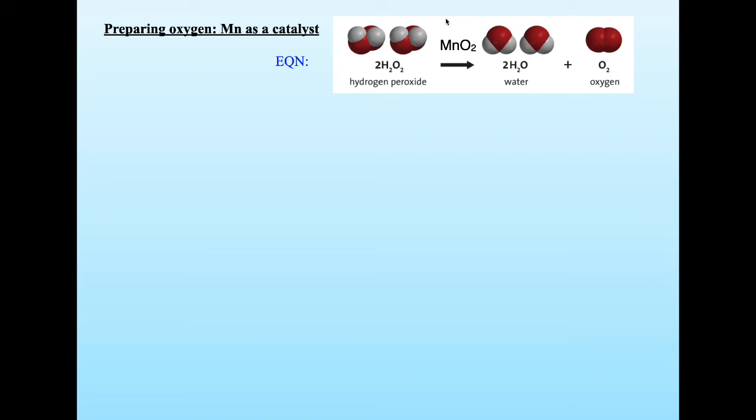One of the things that can come up sometimes at IGCSE is they get you to explain how you could know this was a catalyst. And what you do is you measure a specific amount of the manganese 4 oxide, it's a black powder, before the experiment, do the experiment, then evaporate off the water or filter the manganese 4 oxide, dry it on the filter paper, find its mass, and then you can show that it hasn't actually been used up in the reaction.